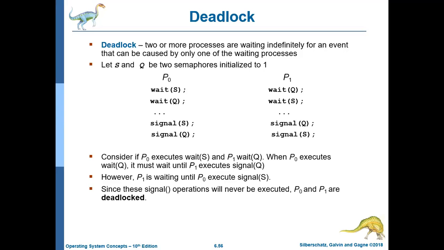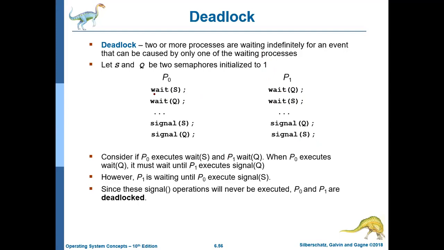In process P0, we have written wait S, wait Q, signal S, signal Q. In P1 also we have written wait Q, wait S, signal Q, signal S. What will happen now? The semaphore value is 1.